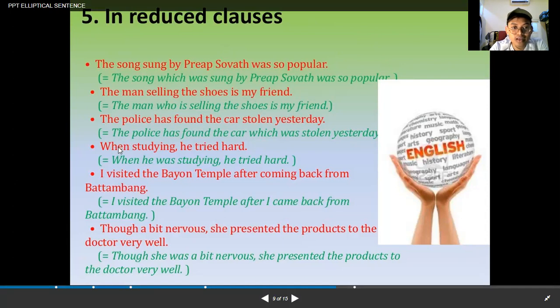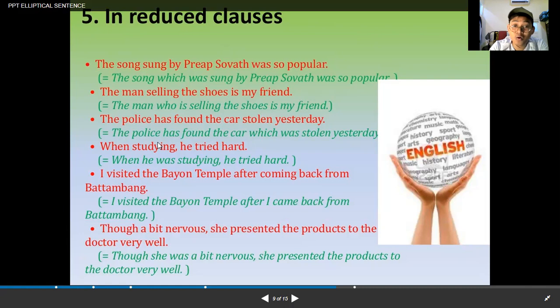Or the second example, the fourth one, when he was studying, he tried hard. You can omit this he was because this actually refers to the next sentence. So it's okay to say when studying, comma, he tried hard, because the he after the comma is actually the same subject as the sentence before the comma.